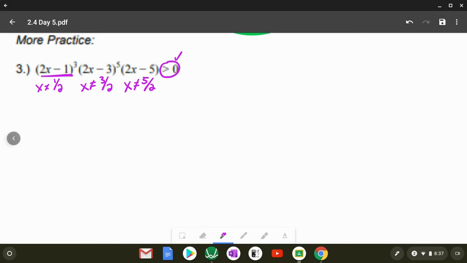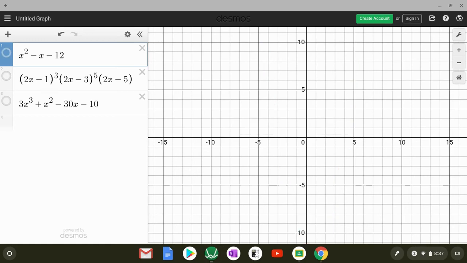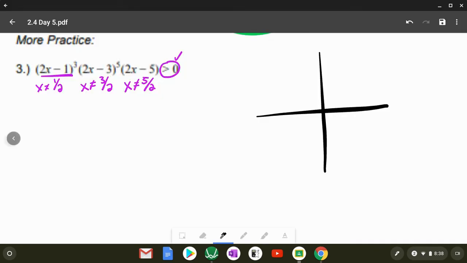So again, we can make our table and you can plug them in, or if we're allowed, we can go ahead and type this graph into our calculator. And if I go back to this Desmos app, and you would be doing it with your TI-84s or 83s, this is the output we get on the graph. Now again, we said our key numbers are 1/2, 3/2, and 5/2.